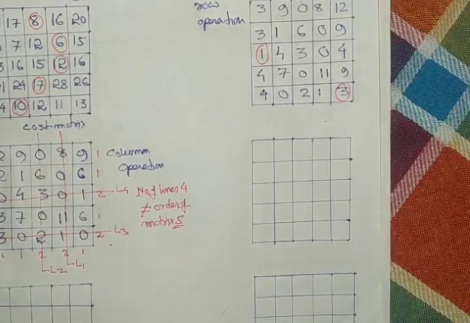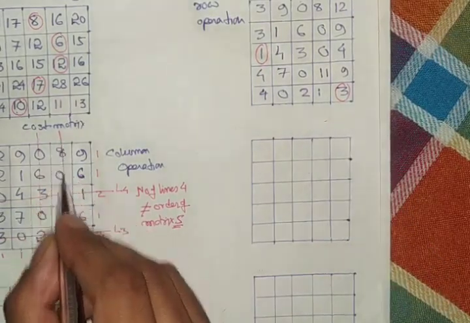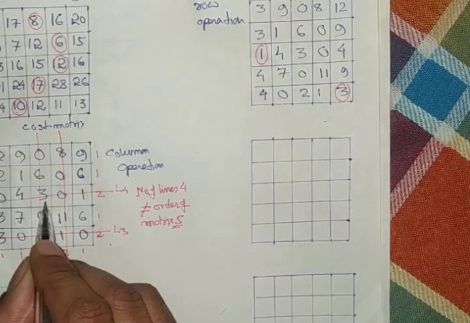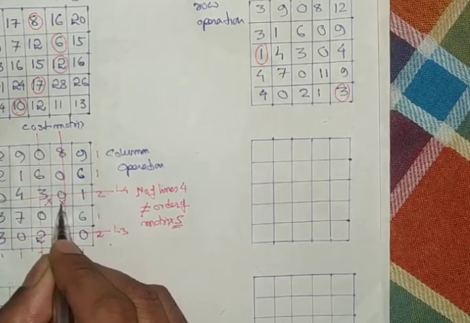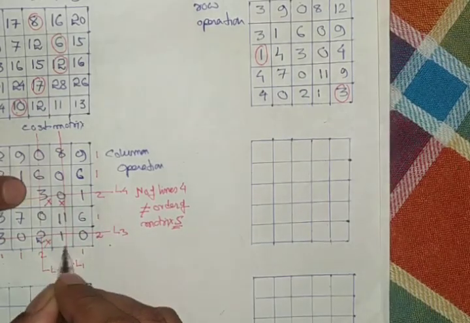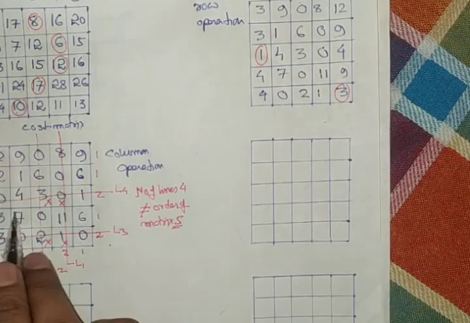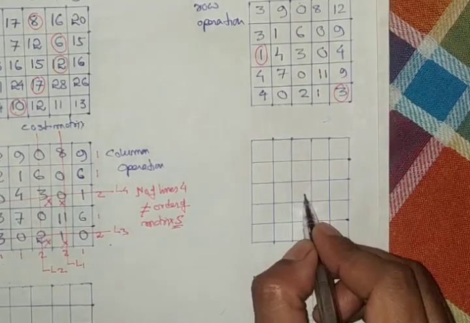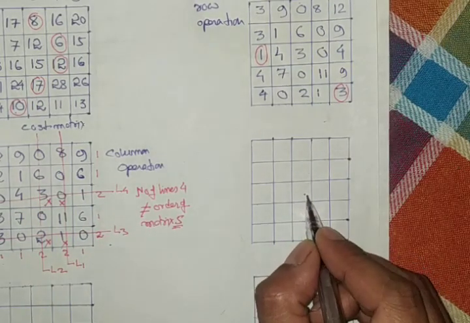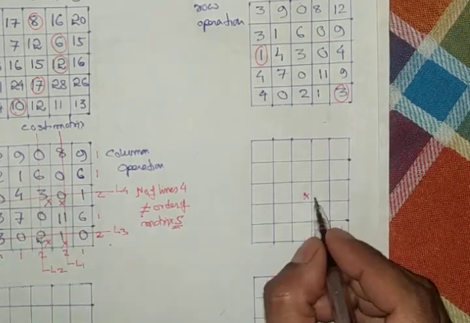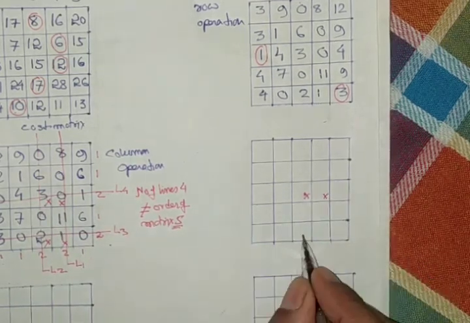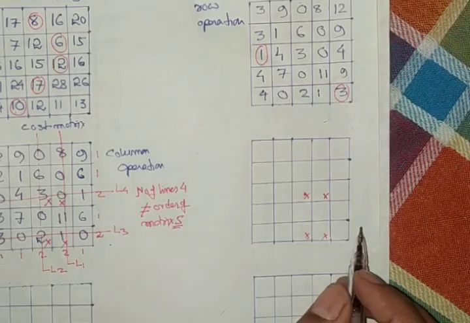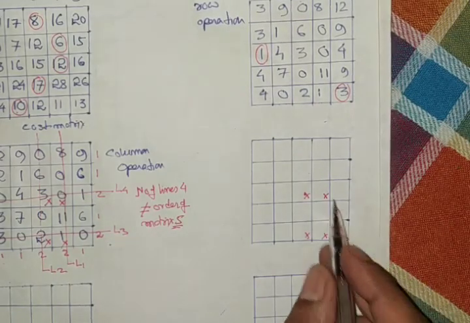If you observe here, this particular line crosses here, these two lines, and here. So it will be this position where the line is crossing these two lines and these two lines.